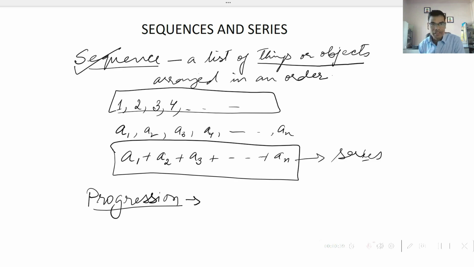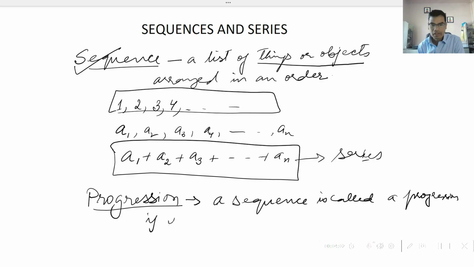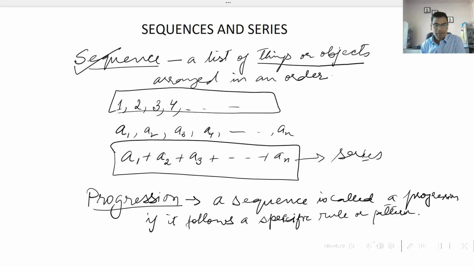After we have a sequence, a list of things arranged in an order, that sequence is called a progression if it follows a specific order or rule or pattern.